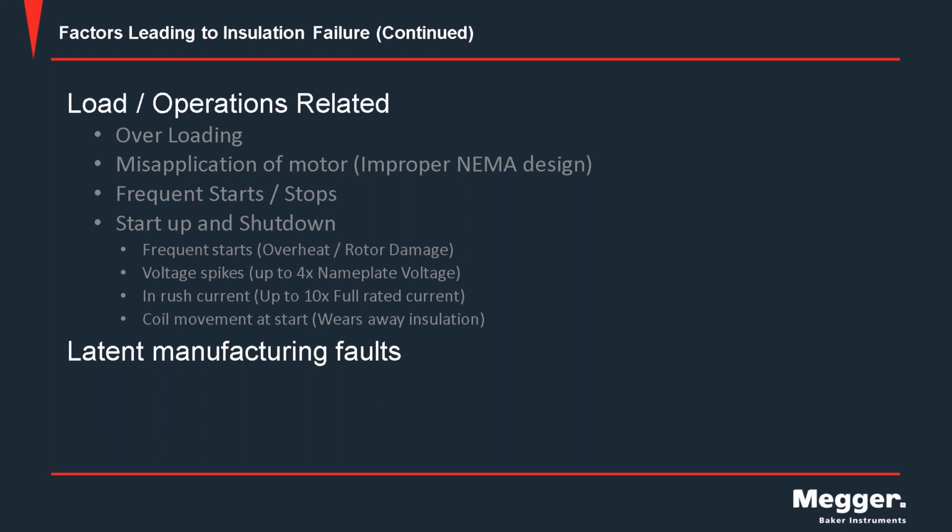So being able to evaluate it and put your quality stamp on it on your end is probably ideal before you sit it in a warehouse, where it's going to wait for that most critical time when you need that motor, and you don't want to find out at that point that you had some kind of manufacturing fault. And here's a list of some of the things to look out for on the manufacturing side.